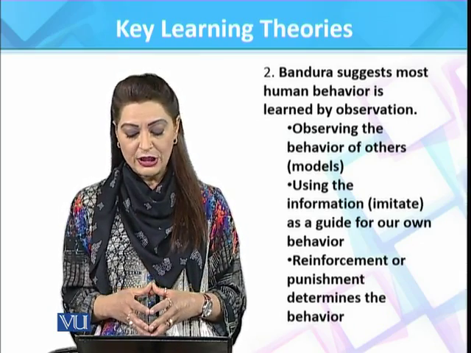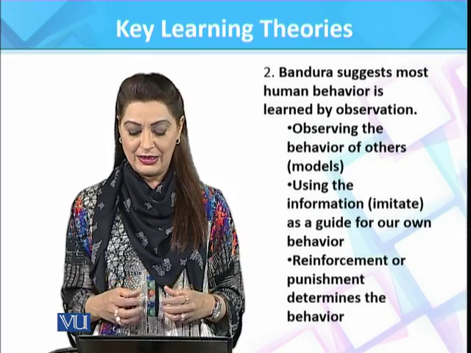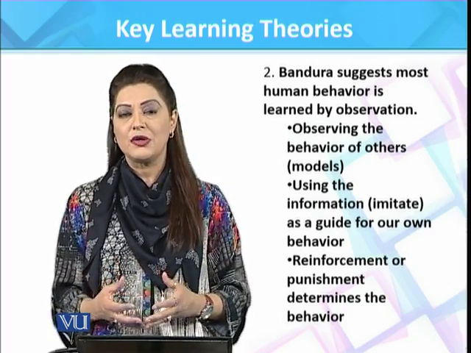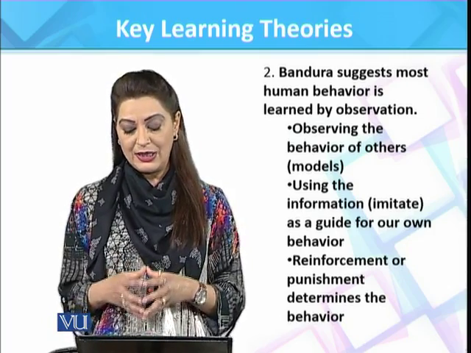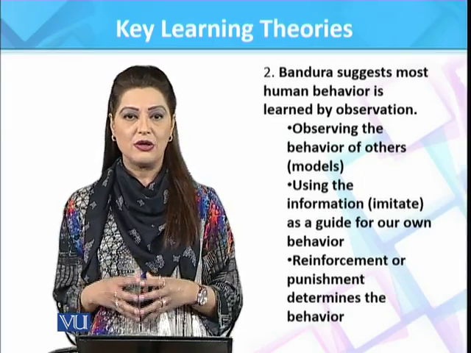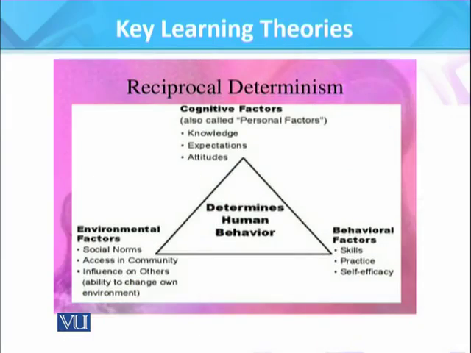Reinforcement or punishment determines the behavior. Positive reinforcement would lead to the development of positive behavior, while negative reinforcement or punishment would lead to the discouragement of a certain behavior. This leads to reciprocal determinism.